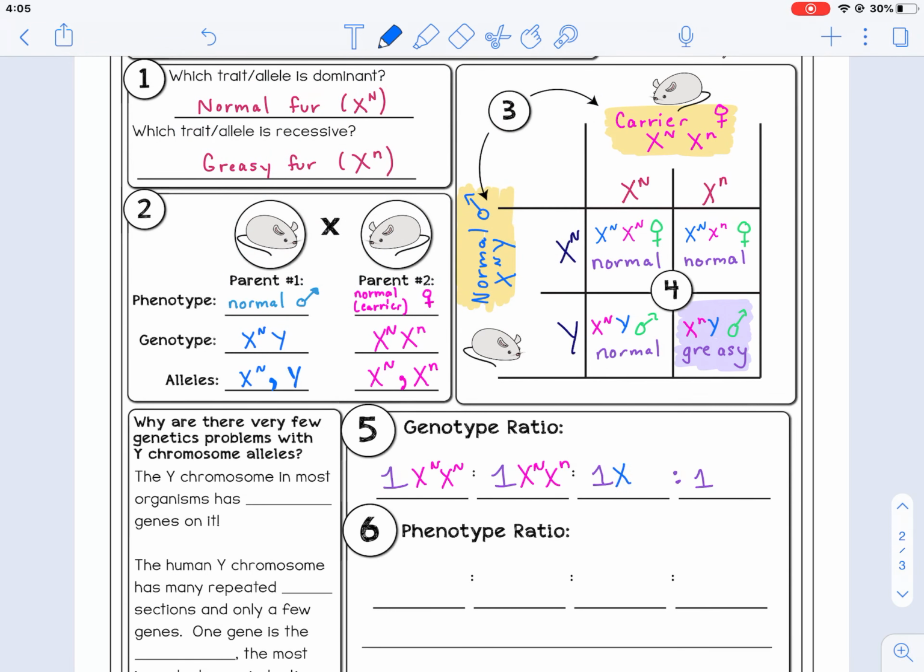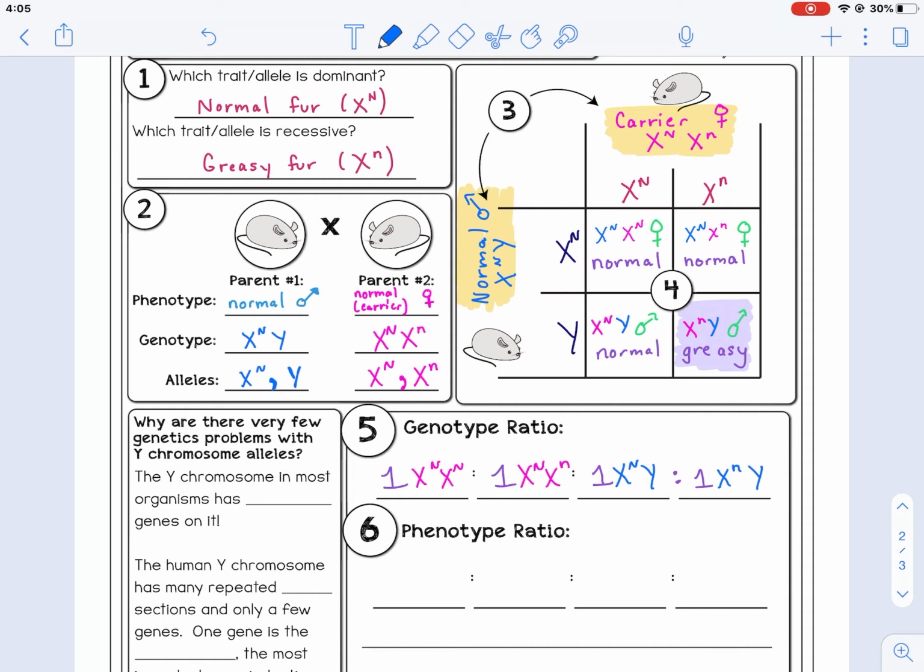You have one of the 4 outcomes with a big N and then a Y chromosome that doesn't have an allele for this trait. And then you have one of the outcomes with a little n and a Y chromosome that doesn't include an allele for this trait.